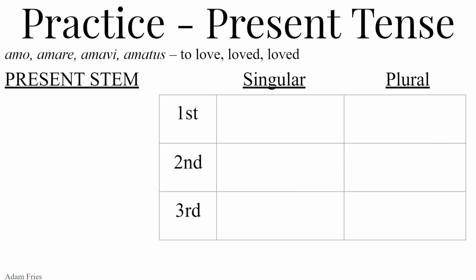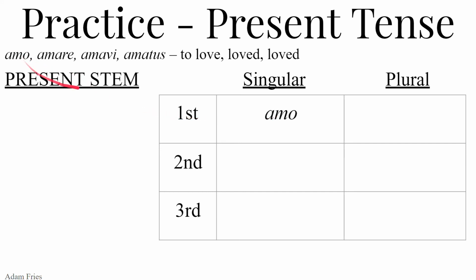All right, let's practice regular verbs. So once again, amo, amare, amavi, amatus. I want to love, I loved, I have loved. All right, the present tense. For the first person singular, that's just the first principal part. That's his only job.